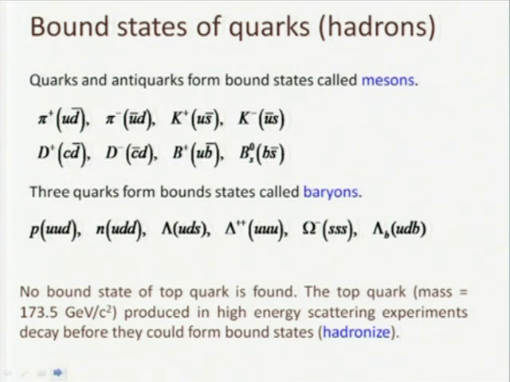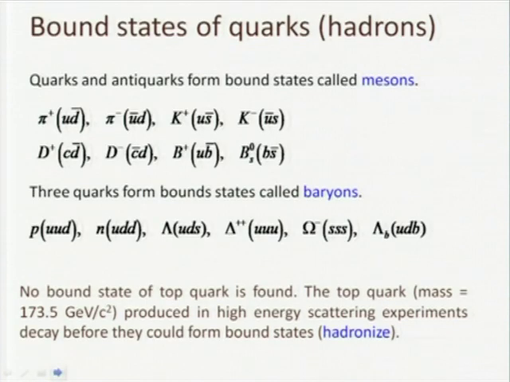Top quark is produced and then it could also look for other quarks to form bound states of quarks or quarks and antiquarks. But before it gets this time to look around and pick up this particle, it decays. This is actually a very heuristic way of saying it. It does not really have enough time to form bound states.